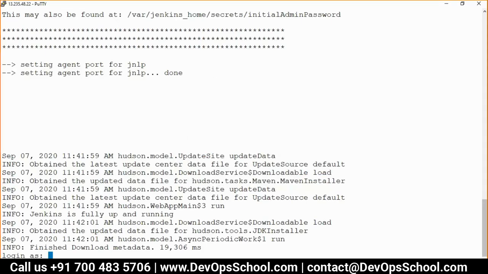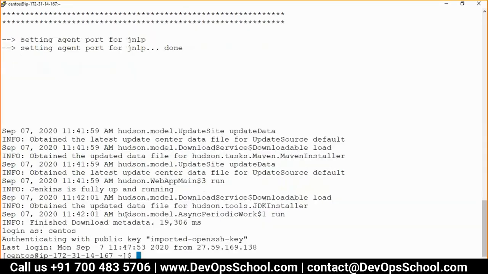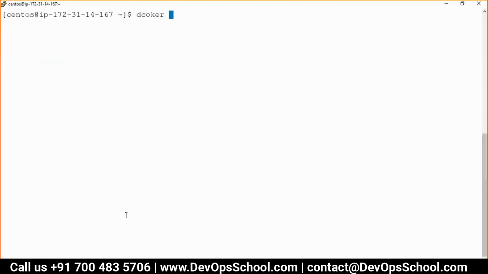Look at my screen, guys. So here, if you see, just think about it. When I do docker run -it jenkins, and there is one more command I run, docker run, think.